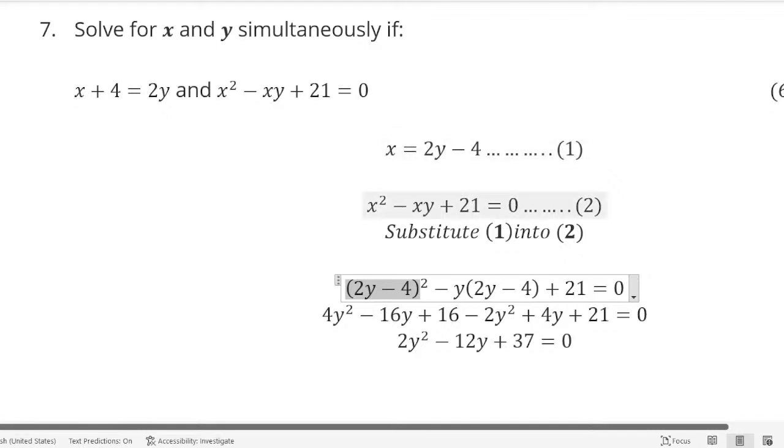You substitute: 4y squared, minus 8y times 2 is minus 16y, then positive 16, then minus 2y squared, then here it's a plus 4y.